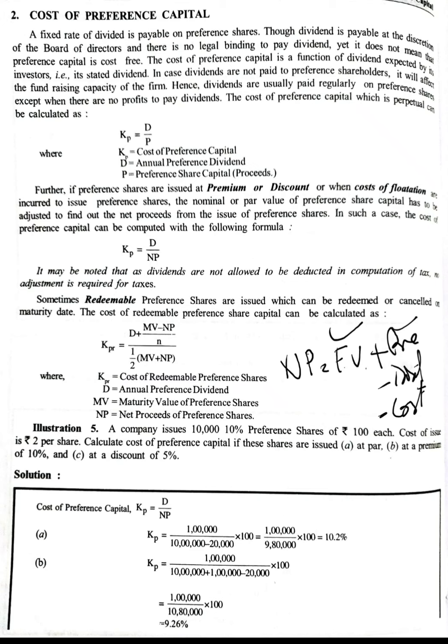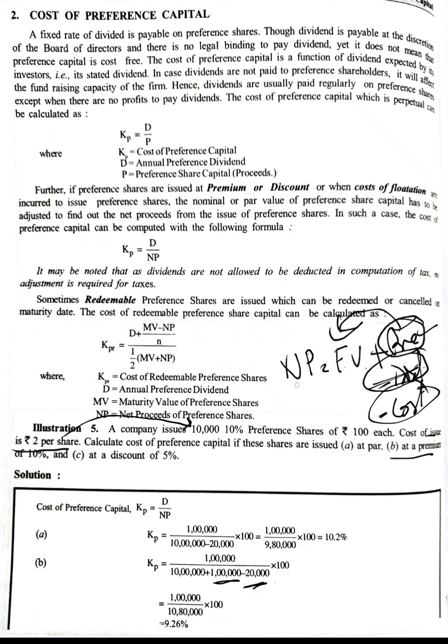And in point number B, I'm talking about premium 10%. So 10% of this face value will be my premium, which I have calculated here, 1 lakh. There is no discount here since it is premium. Then the cost of issue at the rate of 2 rupees. So 2 rupees into 10,000 shares, so I got 20,000 rupees.